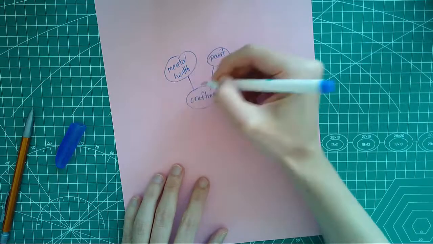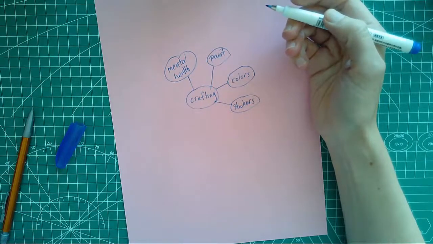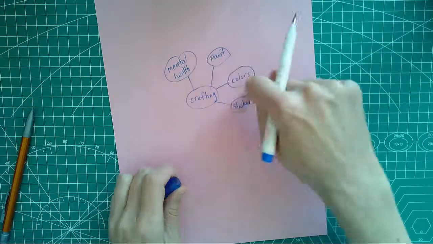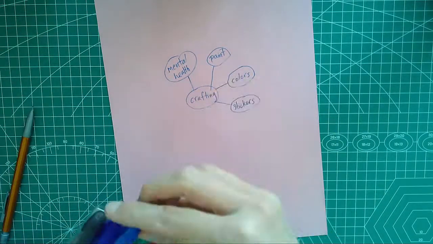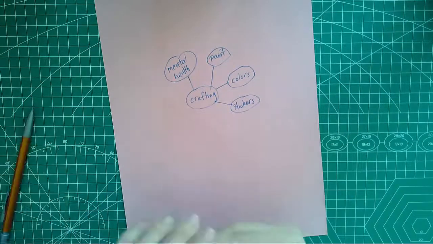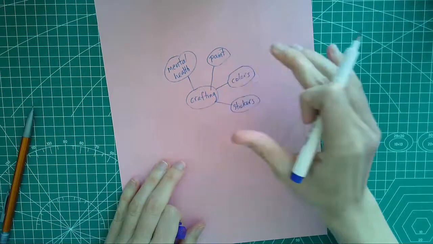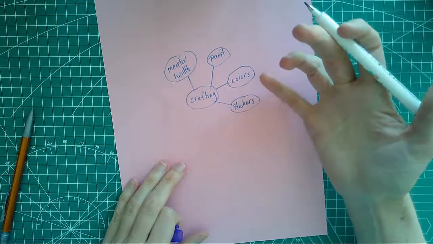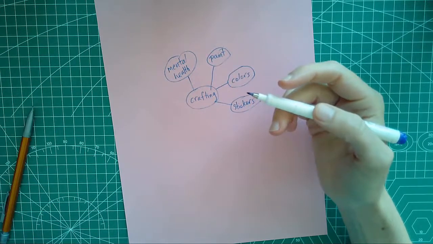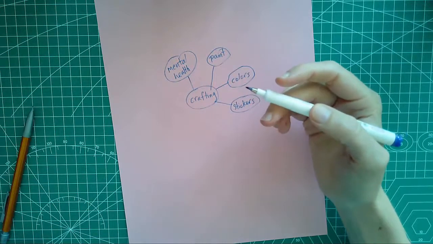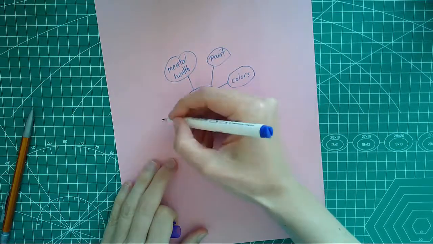And then when you're all out of ideas, you can think of adjectives. So all these are nouns. You can think of some adjectives to write that also help you describe your channel. And the whole point here is to get all the ideas out of your head and onto paper, because we're going to use this to write our song. So if I think of adjectives that describe my channel, I would say fun, influential.